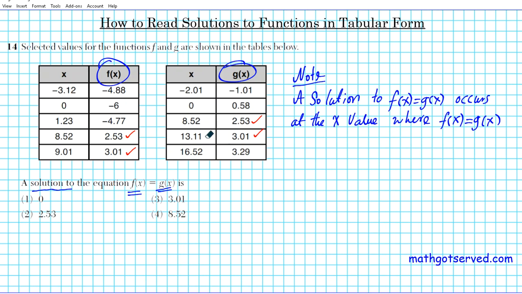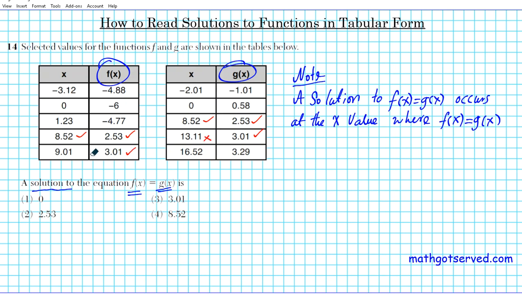Okay, so now we're going to look at the x's to see which scenario has just one specific x value in both cases. If you look at the first set, we have 8.52 and 8.52. Bam, bam. And then the next one, this is 9.01 and this is 13.11.